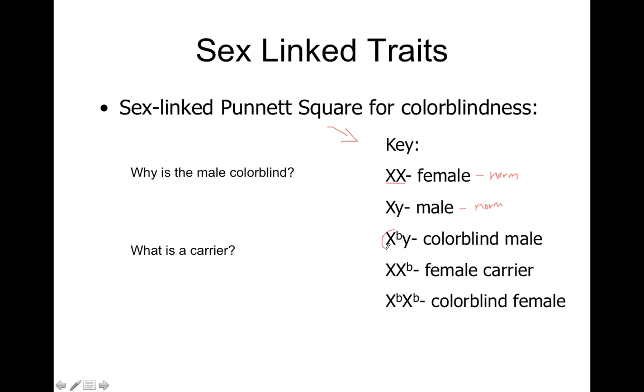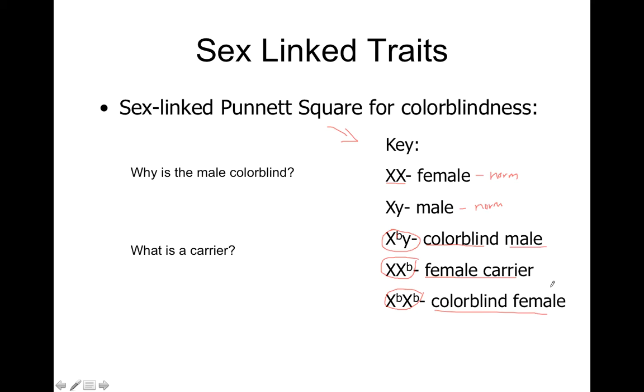Then we have this trait right here, XB Y, which is telling us that this is a male, and he has the B color blindness trait. The next one is X XB, which is just a female carrier. And lastly, we have XB XB being a colorblind female.